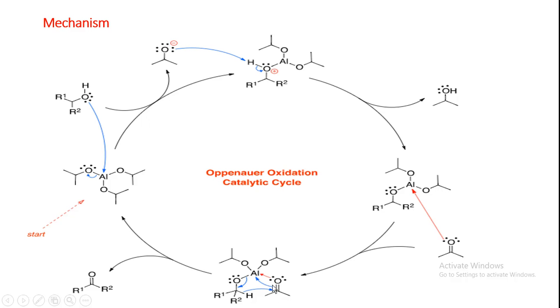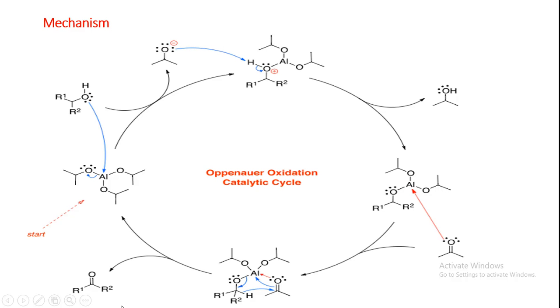See what is happening: this bond is breaking, this H will come to this one, and this bond is breaking. Ultimately we get R1 R2 and here C double bond O. The double bond will break and the oxygen will form a bond with aluminum, so ultimately we regain the aluminum triisopropoxide.